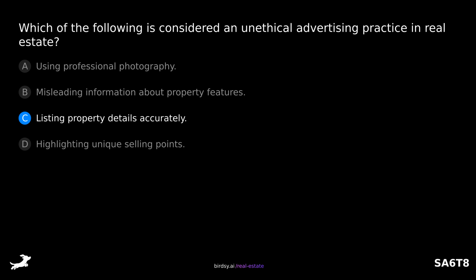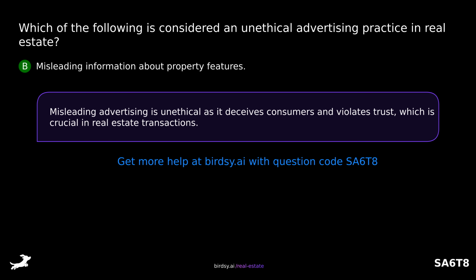C, listing property details accurately? Or D, highlighting unique selling points? The answer is B, misleading information about property features. Misleading advertising is unethical as it deceives consumers and violates trust, which is crucial in real estate transactions.